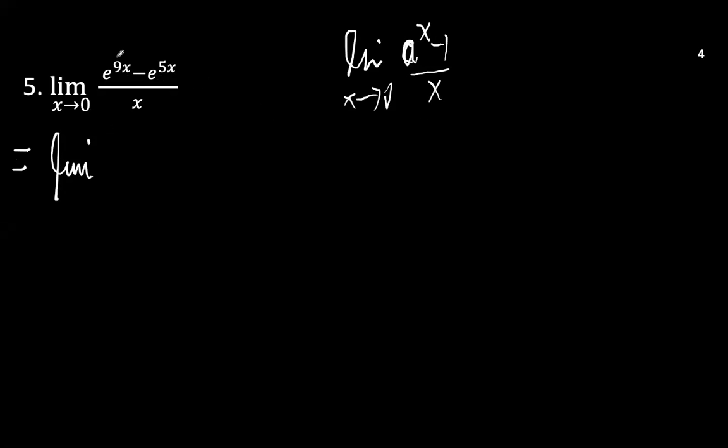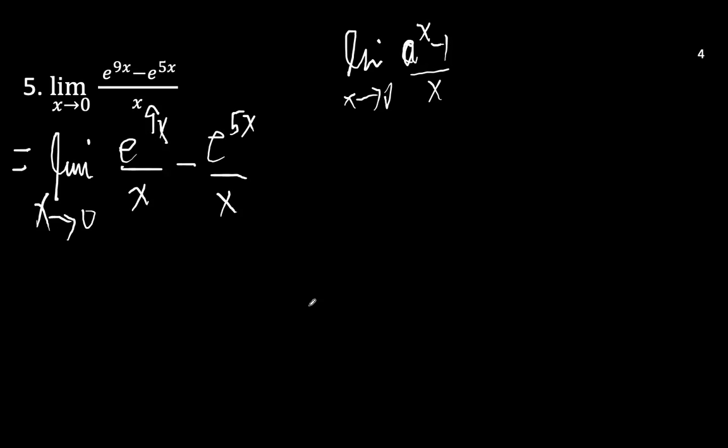All right, so I want to express this given in terms of this, but what I can do now is divide the expression into two terms. So e raised to 9x over x minus e raised to 5x over x as x approaches 0.